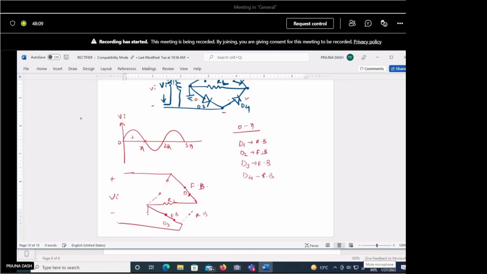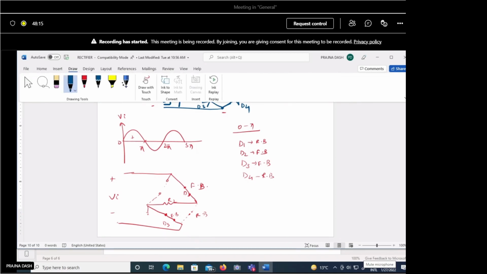So what will be the direction of current and what will be the output voltage? From the positive terminal to the negative terminal there will be a closed path here.